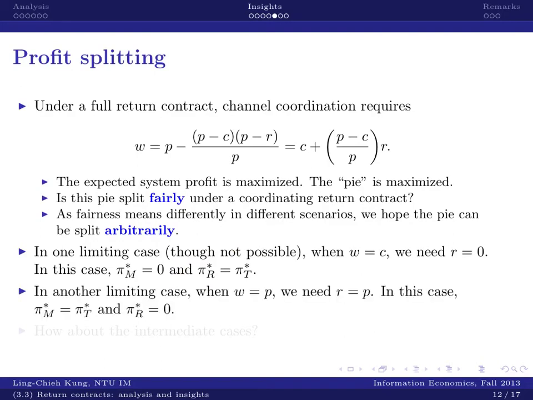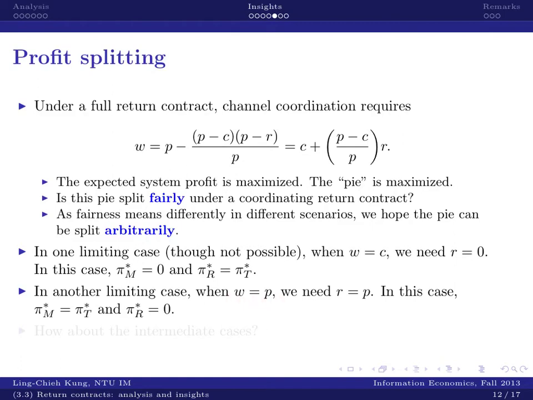On the other hand, suppose we set a very high wholesale price, which is equal to the retail price. In that case, to make coordination possible, if W is P, we can show that R must also be P. In this case, the retailer earns nothing. Why?